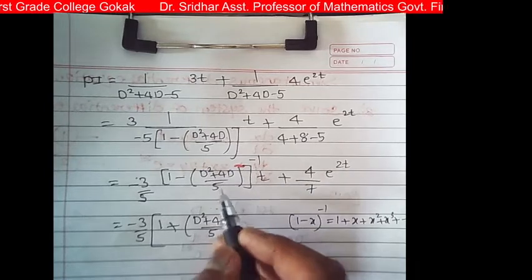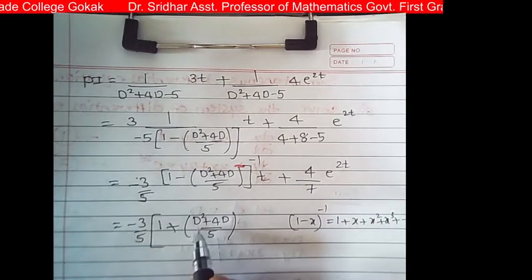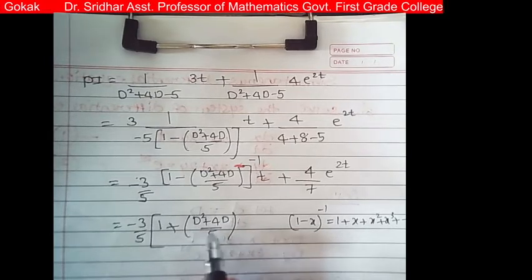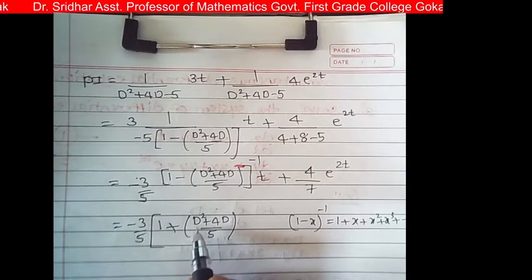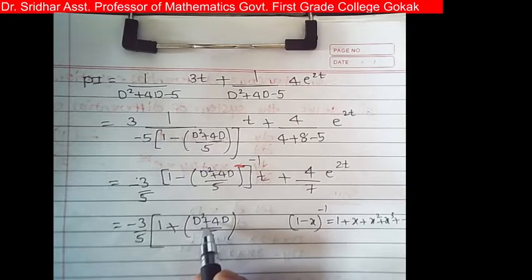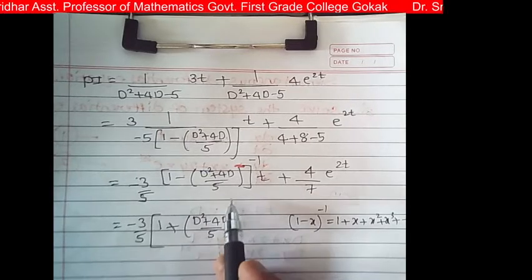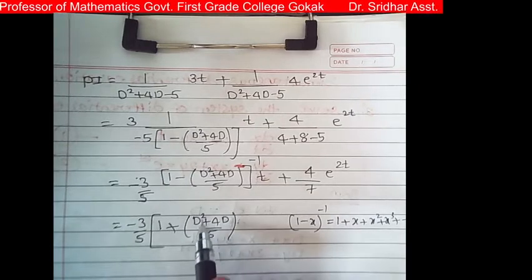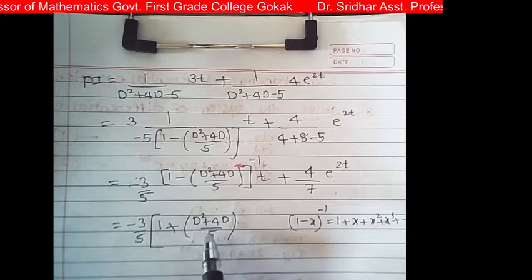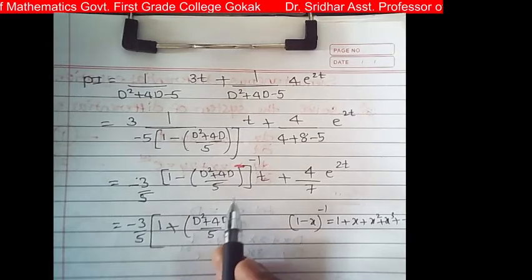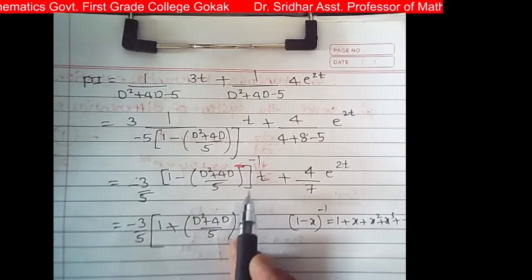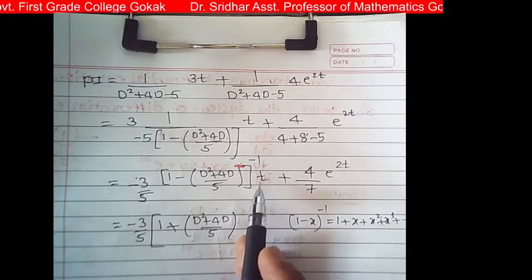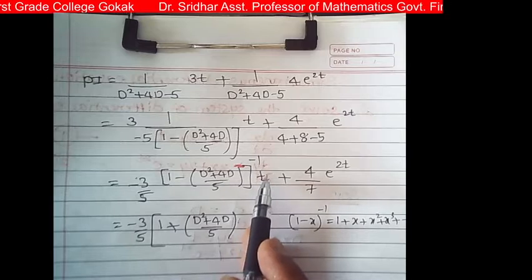Now in this case, we have to consider only those terms of D whose power is less than or equal to the power of t. Correct? Suppose D cube is there, D cube means it is a differential of third order, and t has power 1.